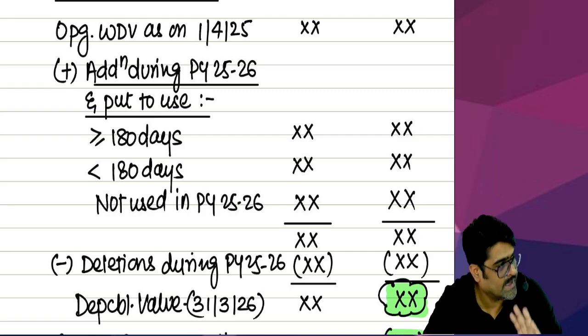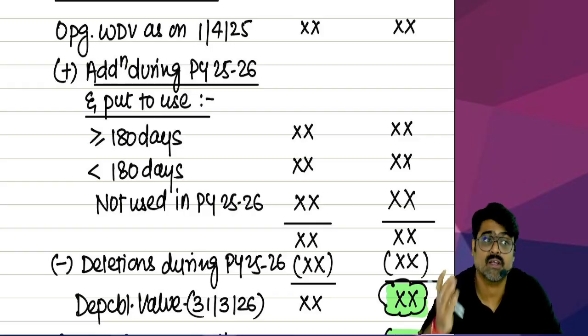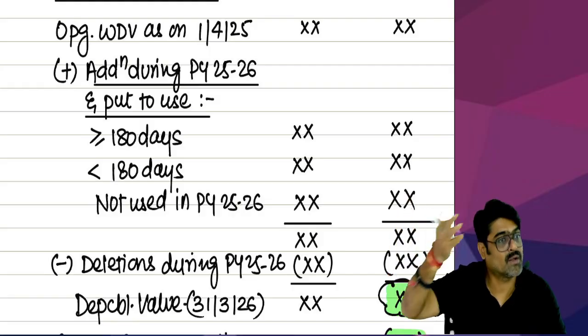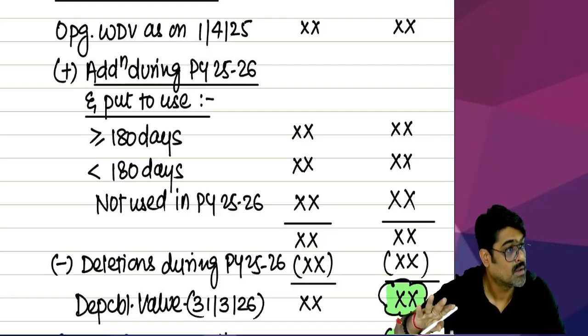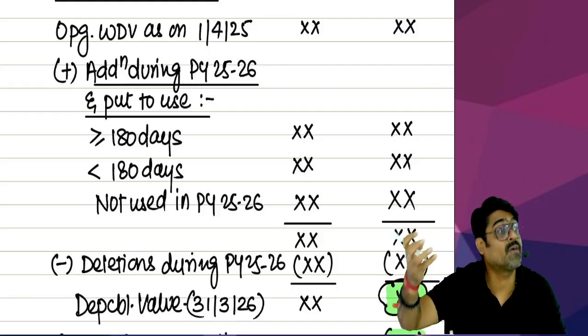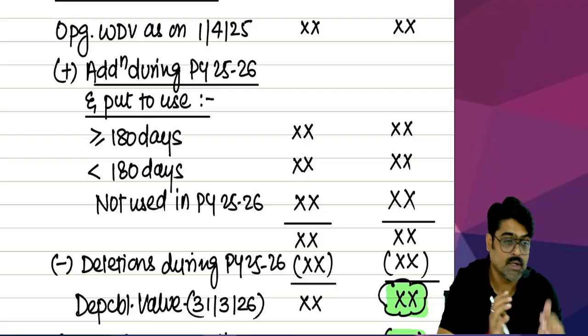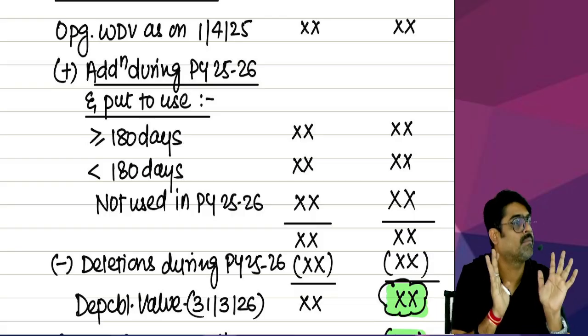Now after adding the additions, you will reduce the deletions. During this previous year, whatever assets have gone out of your business, meaning they are going out of the block, reduce those assets from the block, but against them whatever selling price is received, whatever scrap value you have received. So the moment the asset goes, some amount will come.